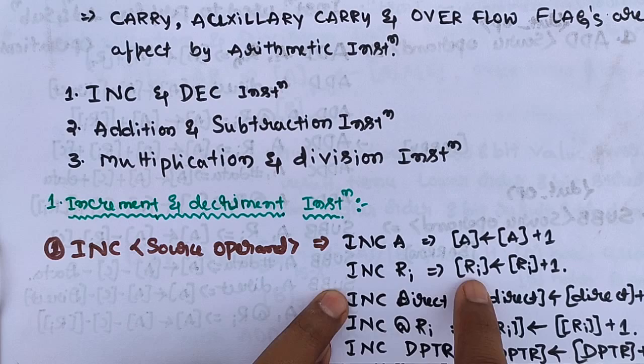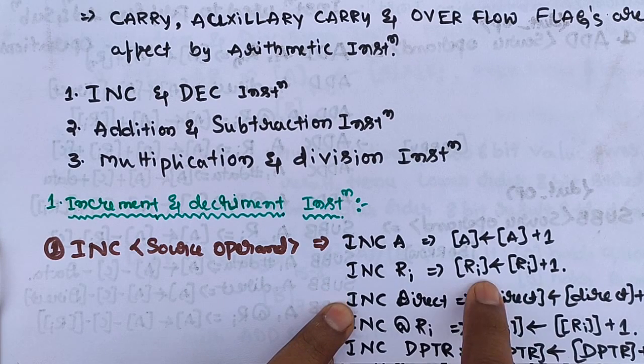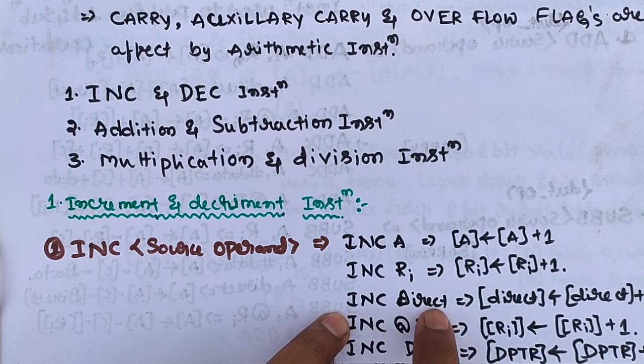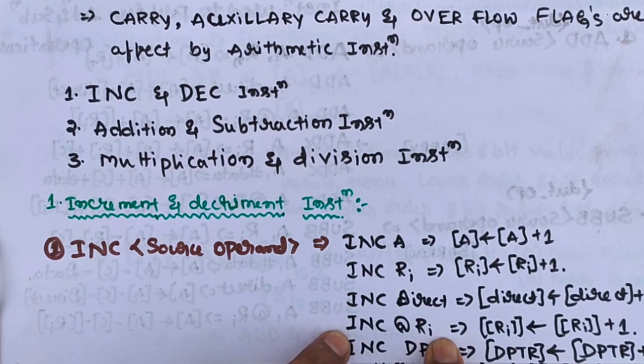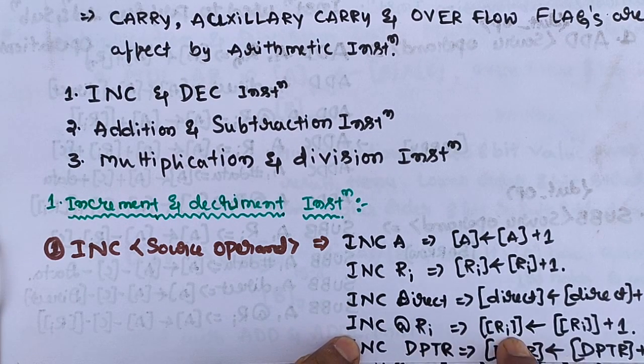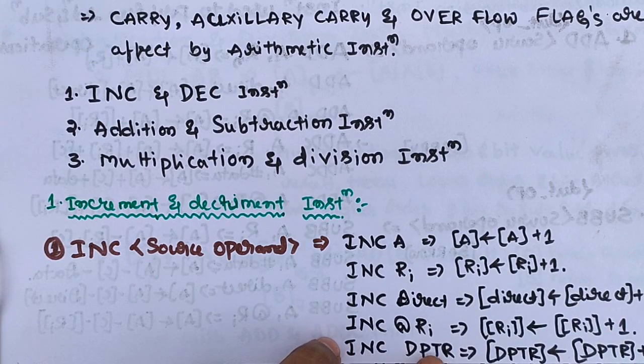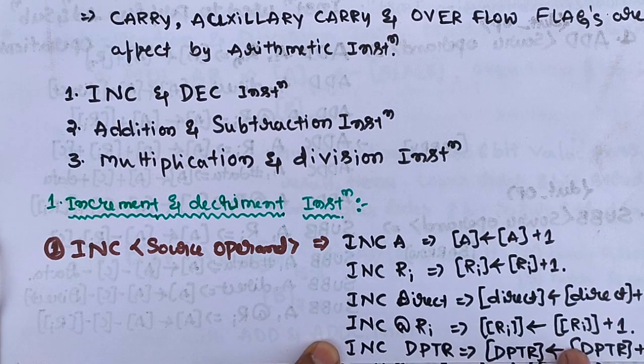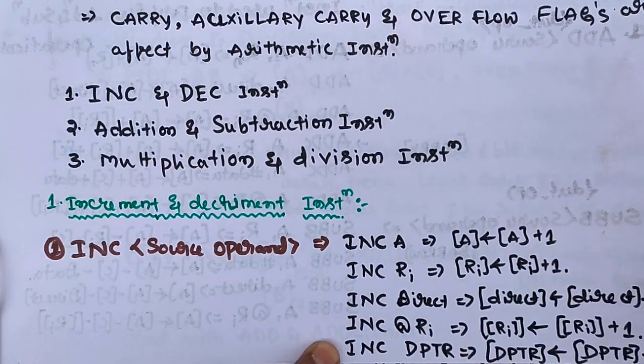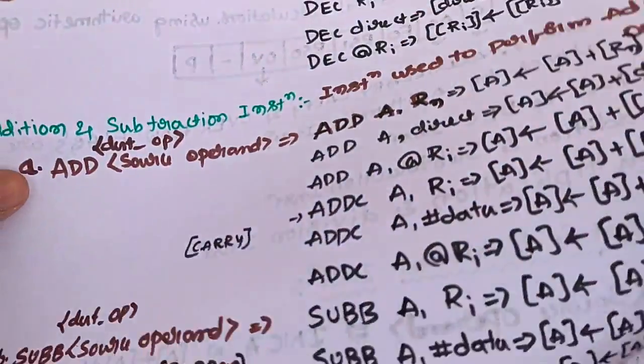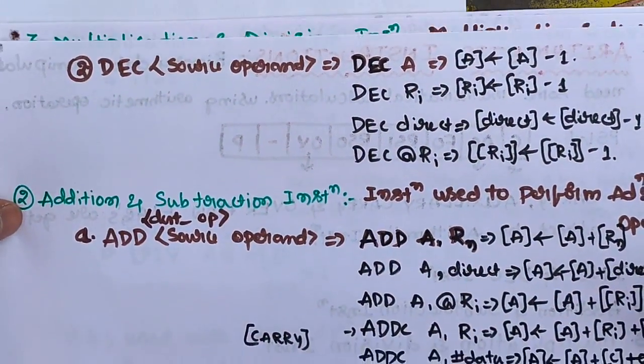Similarly for increment Ri, the content of the register is incremented by 1. The content of the memory location pointed to by the register is incremented by 1, and the data pointer is incremented by 1 position. So this is about the increment instruction.